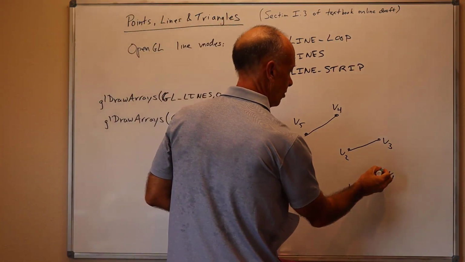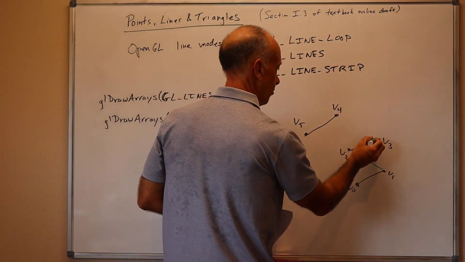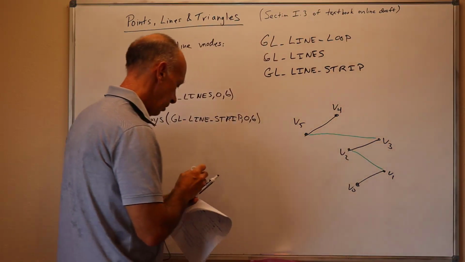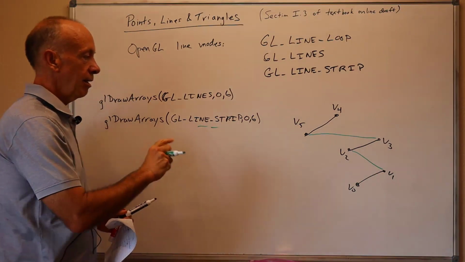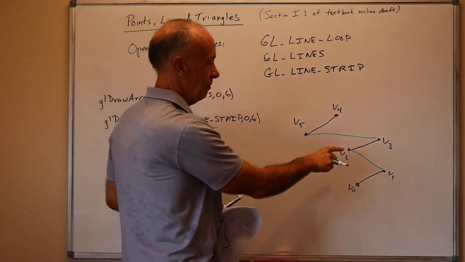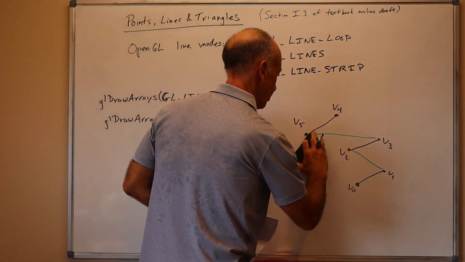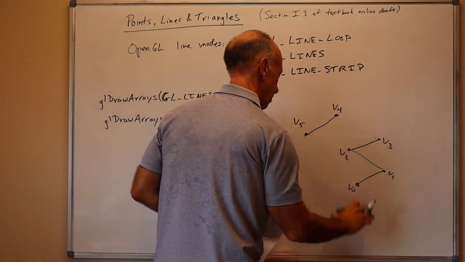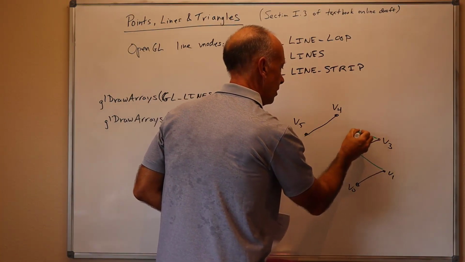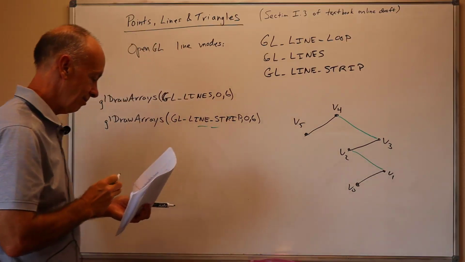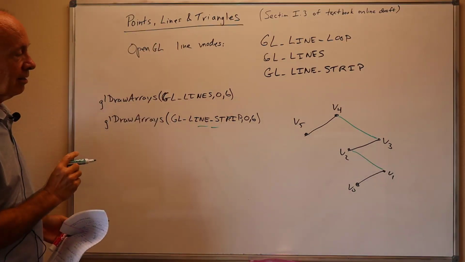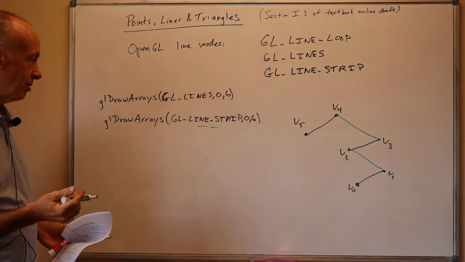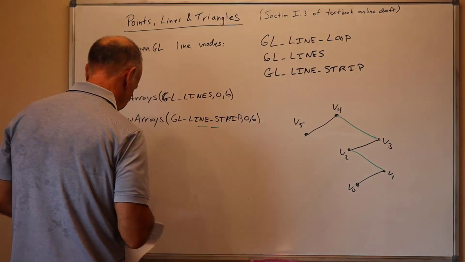So in addition to those 3 lines I already drew, it would draw the green lines connecting V1 to V2 and V3 to V4. I drew that one wrong. There we are. The corrected line is from V3 to V4, and this is just giving a strip of lines. It draws a total of 5 lines if there's 6 vertices.